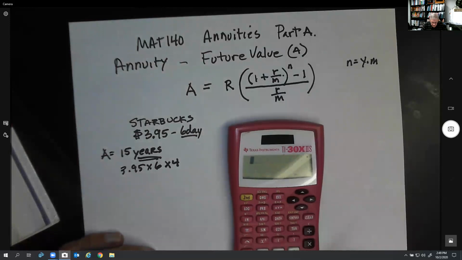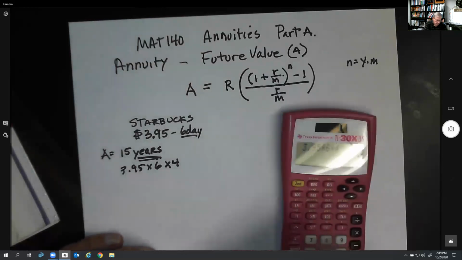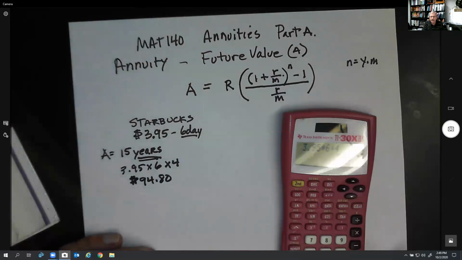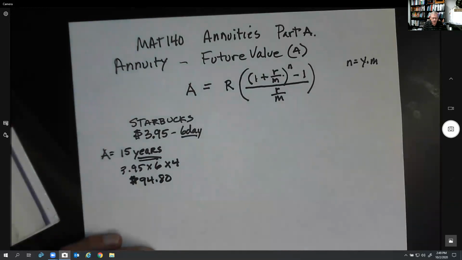Let me turn this on first. $3.95. You're going to be saving this money. $3.95 times 6 days a week times 4 weeks in a month. So every month, believe it or not, you're spending $94.80 on this drink. That's how much you're spending.